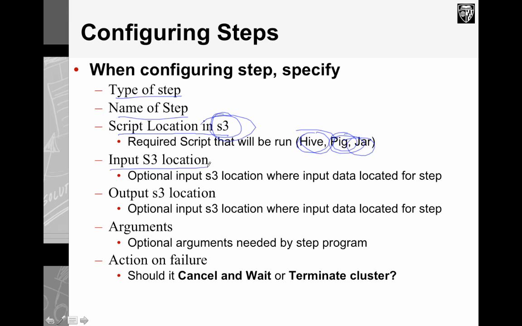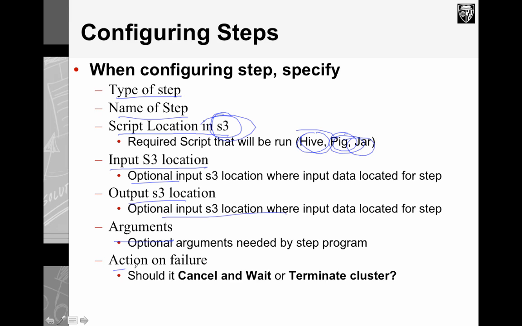The input S3 location, which is where the input data is, and that's optional. The output S3 location is: is the output of this job going to go into S3, and if it is, where? And then any arguments that you may want to pass for your Hive job or a Pig job or the jar job, to be precise, the Hive step or Pig step or jar step, because that's what they call in AWS EMR.